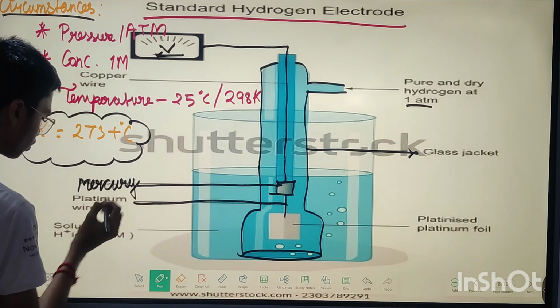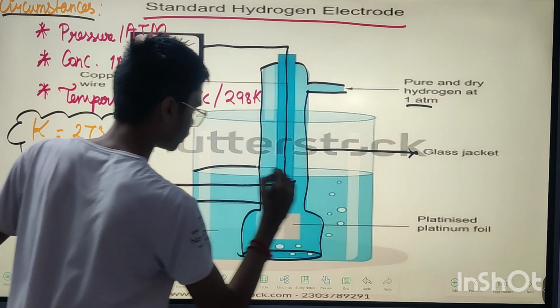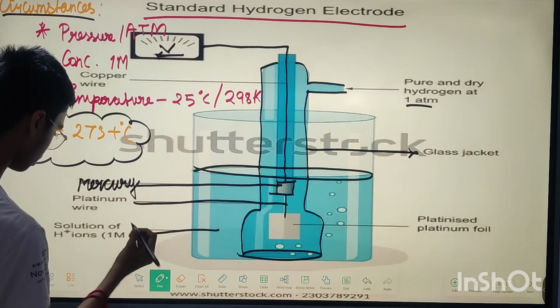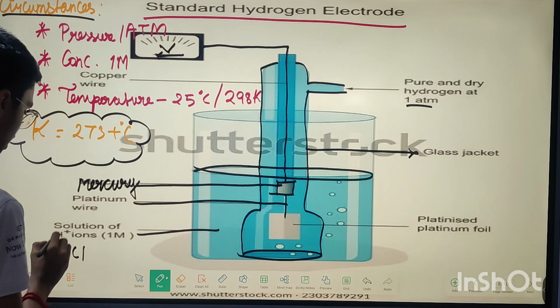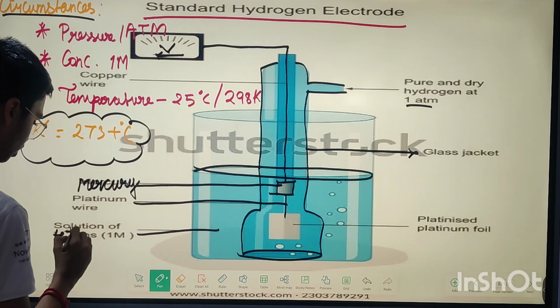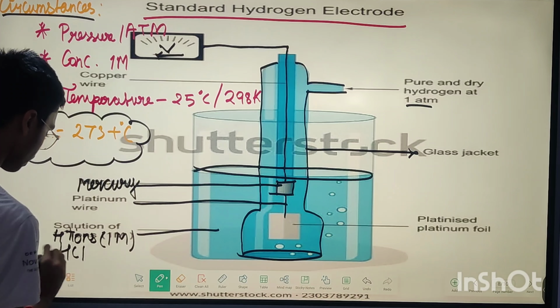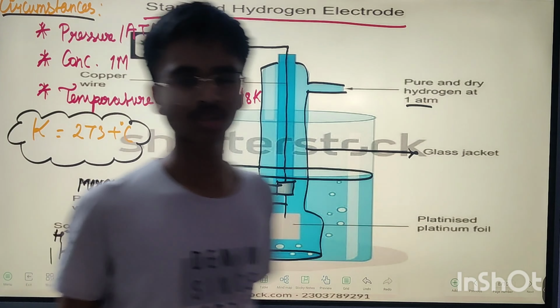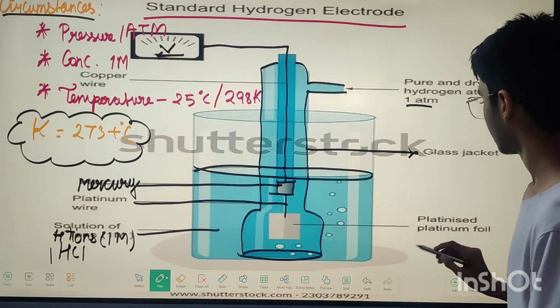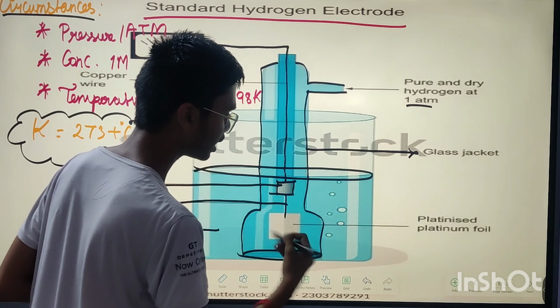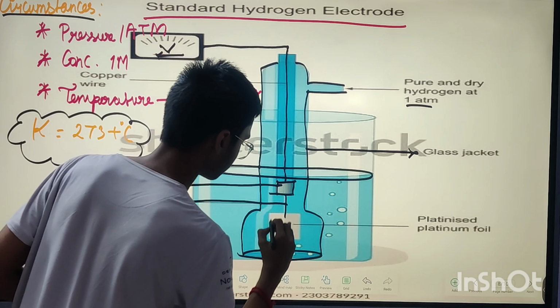The platinum wire is being dipped in a solution of HCl, hydrochloric acid, which has 1 molarity of H plus ions. 1 molarity of H plus ions are there because of the HCl. So this is what the concentration is. Here is the platinized platinum foil.